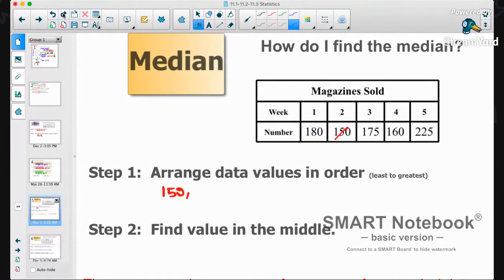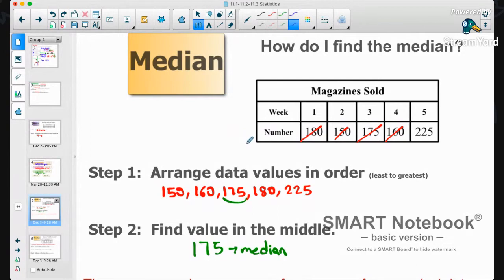When you order them from least to greatest: 150, 160, 175, 180, and 225. After that, you need to find the value in the middle. The number in the middle is 175. So 175 is your median.